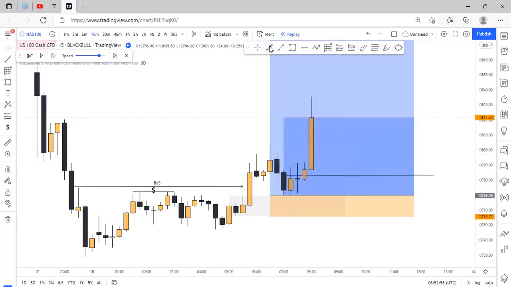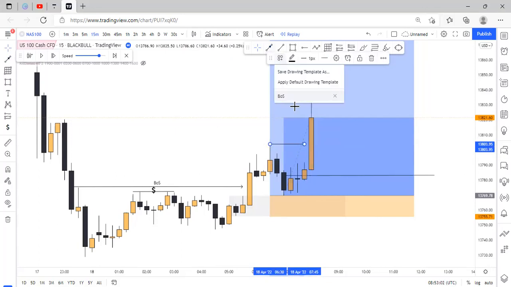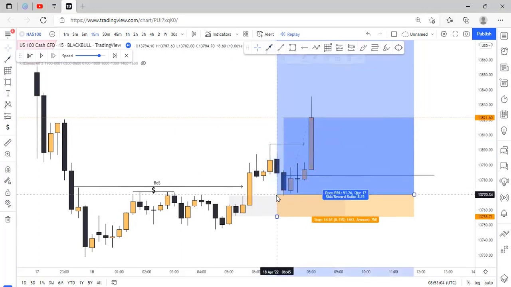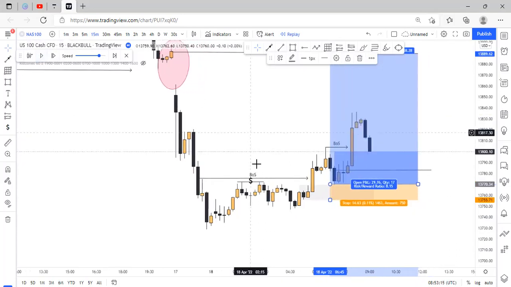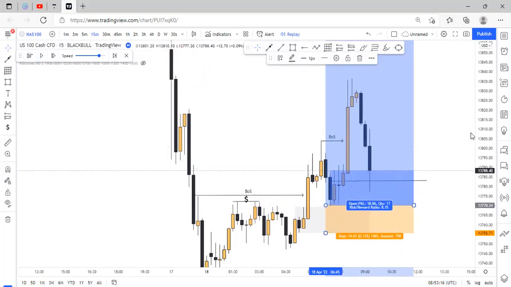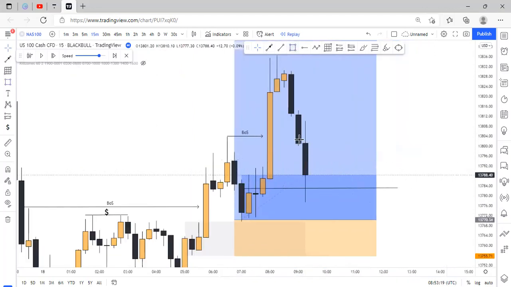So now later on, as you can see, we broke above this high as well, giving us another break of structure at this point, okay. I think at this point I had one of my channel members from my Telegram. When we started having retracements back down, we got into another entry right here.